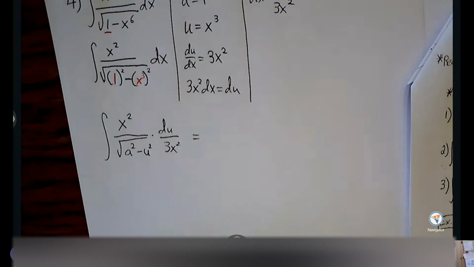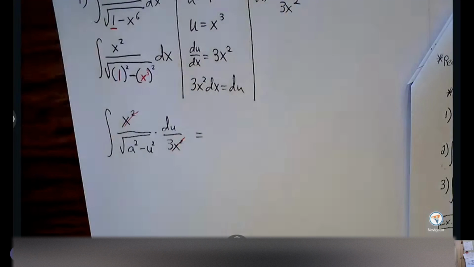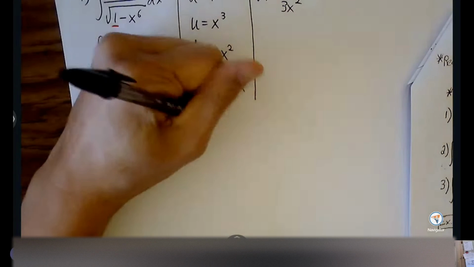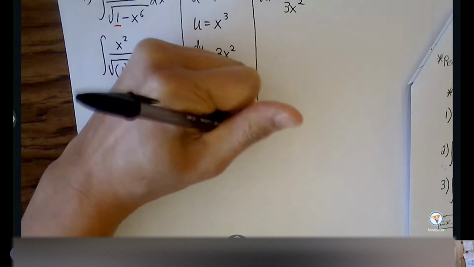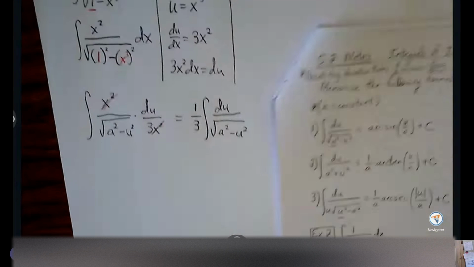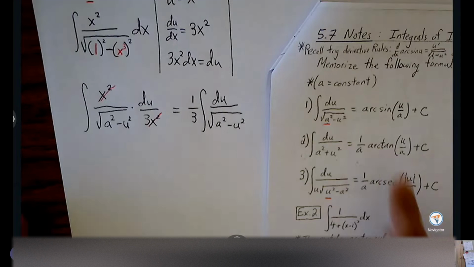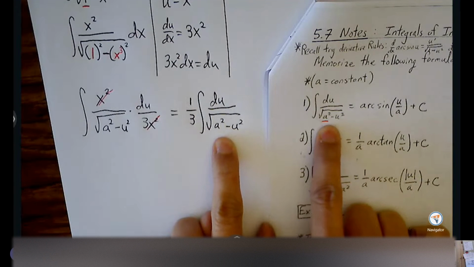Just like what we suspected, the x squared goes away nicely, but keep track of the what? 1/3. Yeah. Now, once that 1/3 comes out, it should match perfectly with the rule that we want to use. Let's double check. Yeah, once we get past that 1/3, everything matches.